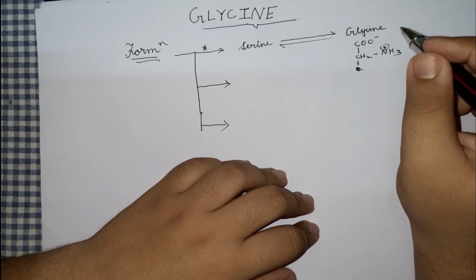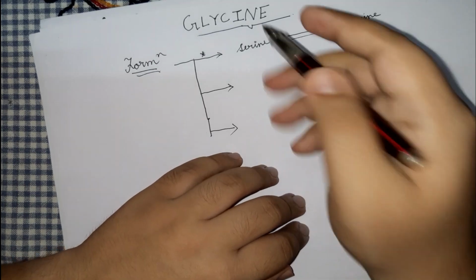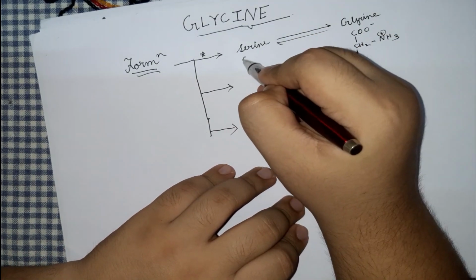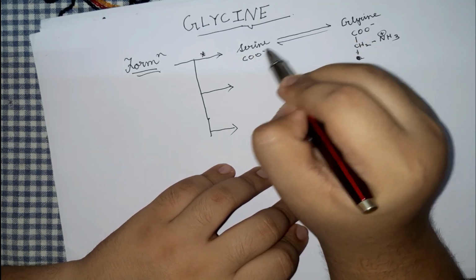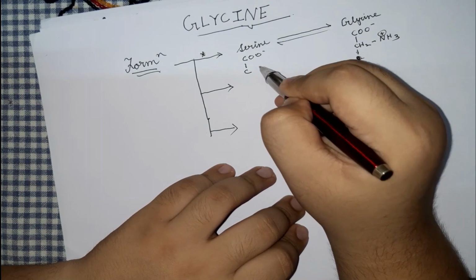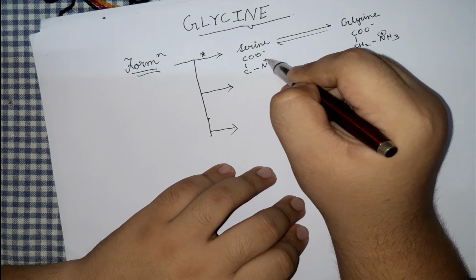All right. Now, what is the structure of serine? Serine is also easy. You see, serine also has COO minus, that carboxyl end is there. There is this carbon end also. The zwitterionic form we are writing.